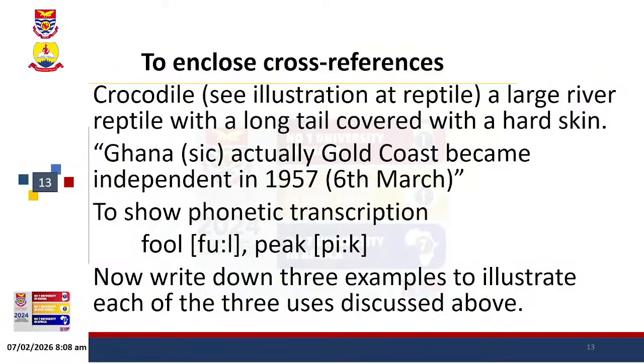So Ghana in brackets SIC, actually Gold Coast became independent in 1957. Clearly, it was Gold Coast that became independent in 1957 and not Ghana. The name Ghana came after this period.